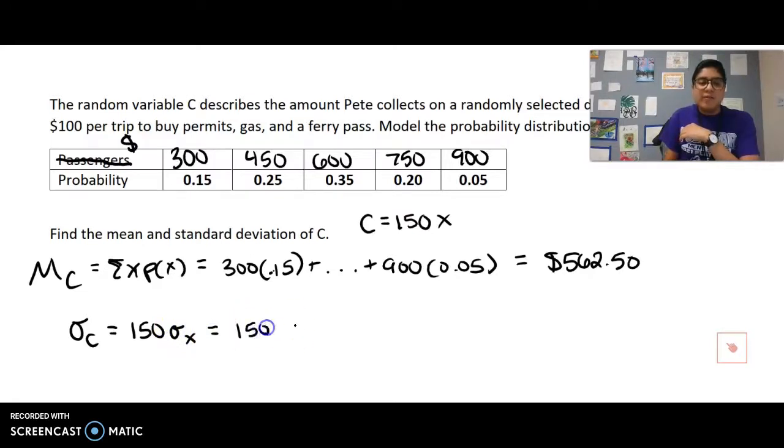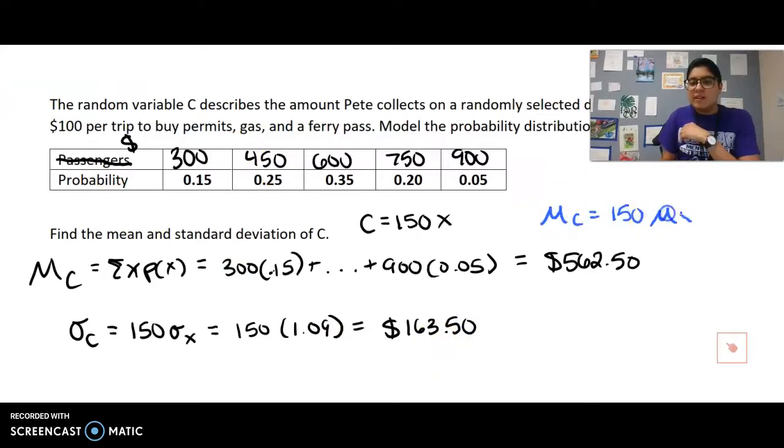So I'm going to take 150 times the original standard deviation of 1.09. And that's going to tell me that my observations will vary from the mean by about $163.50. So note that the same thing happened here for mu of C. It was just 150 times mu of X. So we're noticing some rules here.